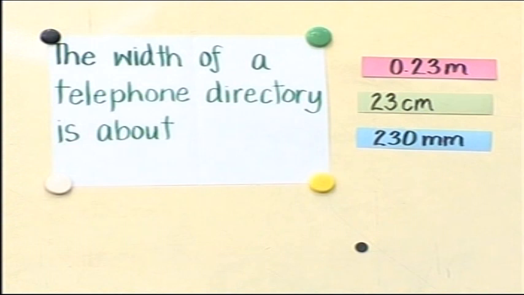All right, let's have from the back, Melvin, what's your friend's name? Ben. Okay, Ben, give us the answer. What do you think is correct here? 23 centimeter.